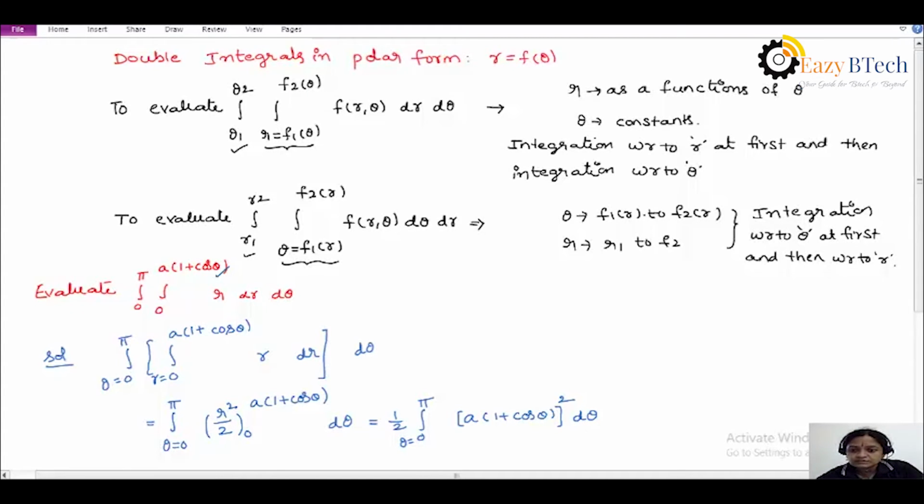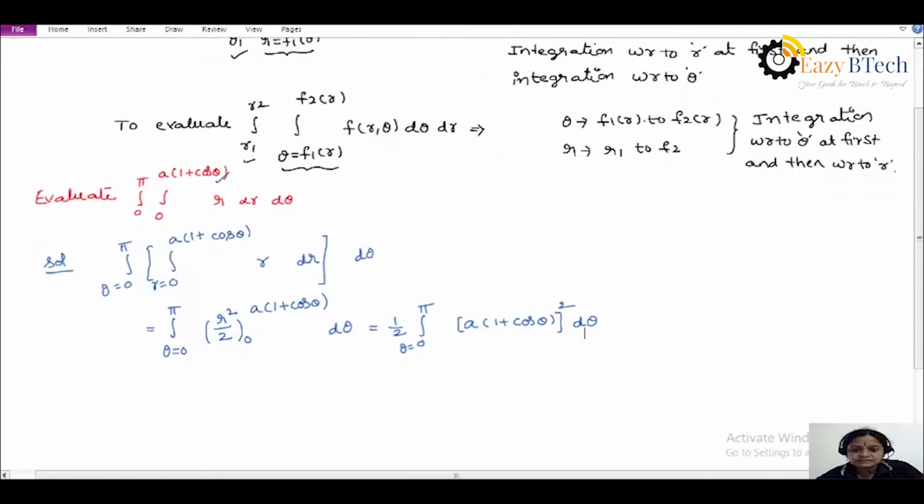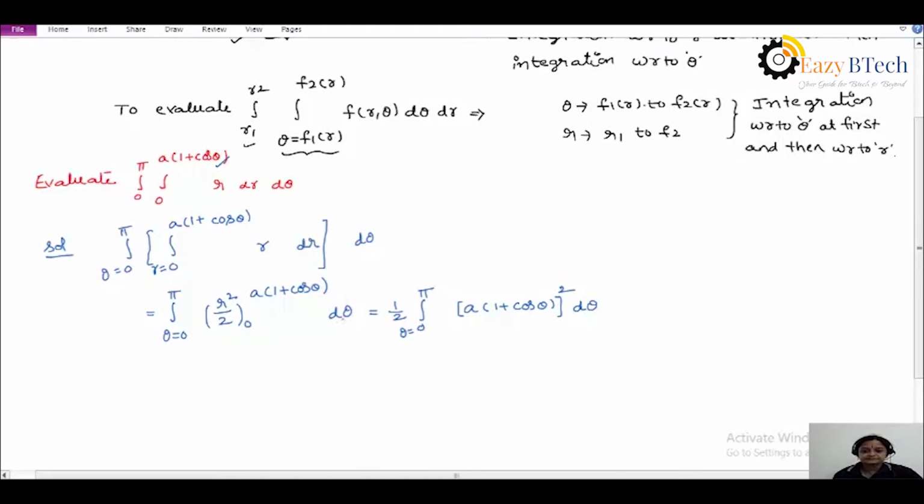So a square into 1 plus cos theta whole square, equal to 1 by 2 integral theta 0 to pi a square 1 plus cos theta whole square d theta. A square is also common, so a square by 2 integral theta 0 to pi 1 plus cos theta whole square d theta.